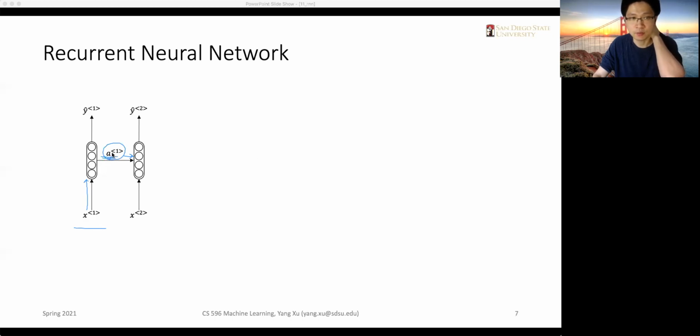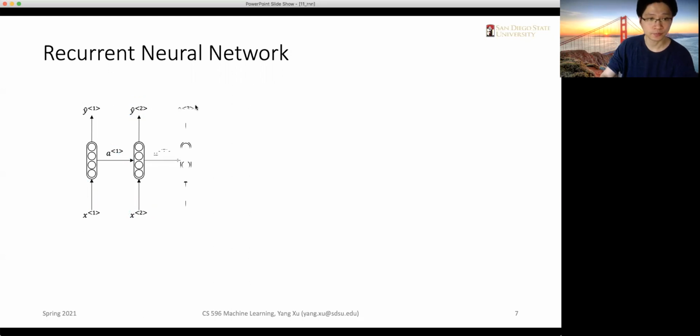Let's call it A1, because this is computed in the first time step. This A1 is carried on into the next computation, given x2 as input. So y hat 2 is computed from a combination of the current input x2 and the previous activation A1. The previous activation A1 is kind of the historical information. These two parts are taken as input altogether.